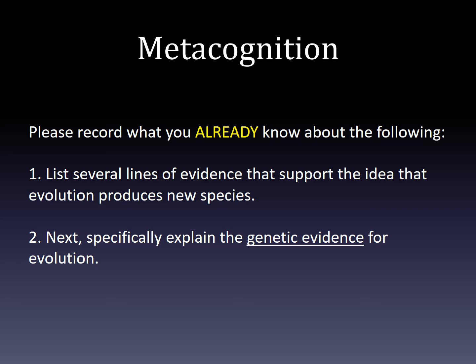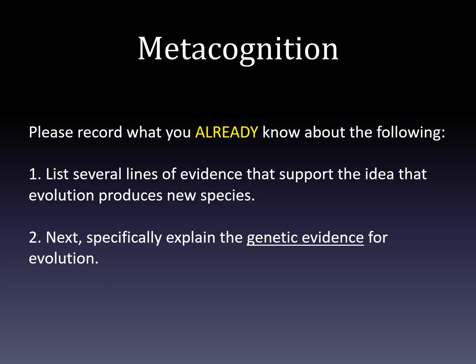So please take a moment for today's metacognition activity by finding a scrap paper and jotting down what you already know about these two questions. Number 1, list several lines of evidence that support the idea that evolution produces brand new species of organisms. 2, specifically explain the genetic evidence for evolution.